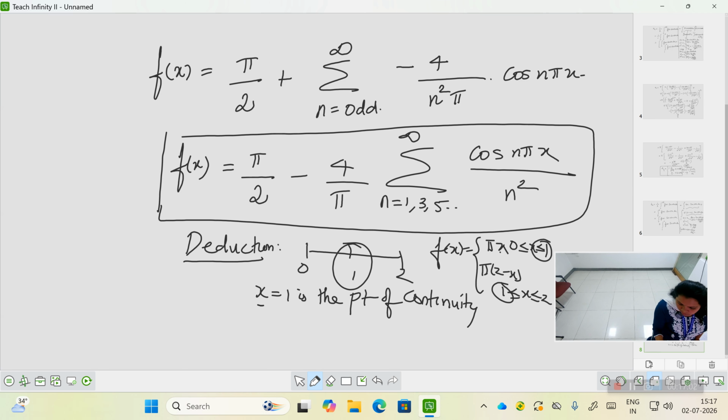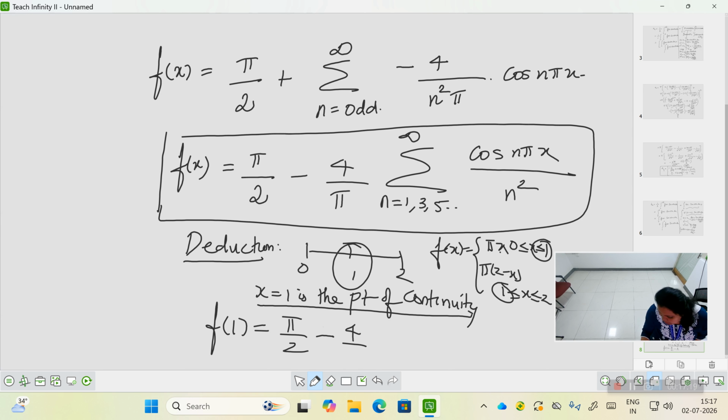If you substitute x equal to 1, you get 1. Here also you can substitute 1. So this is the point of continuity. Substitute x equal to 1 in this above equation. So what do you get? F of 1 is equal to pi by 2 plus, minus 4 by pi, summation n equal to 1, 3, 5, etc. infinity, cos n pi x, that means 1, is it?